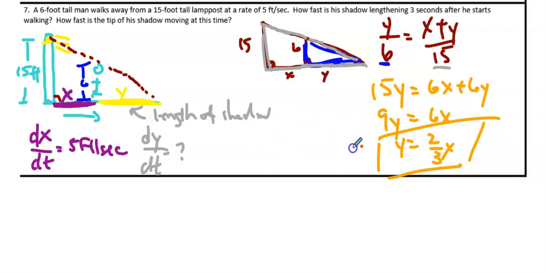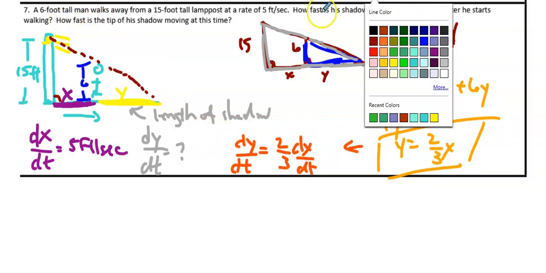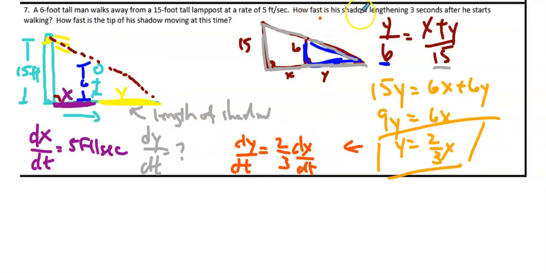So let's do that. This is going to be the change in y with respect to t is equal to 2/3, because the derivative of 2/3 x is just 2/3, dx over dt. It's asking us how fast is the shadow lengthening 3 seconds after he starts walking, right? So this problem doesn't need the 3 because the x is gone.